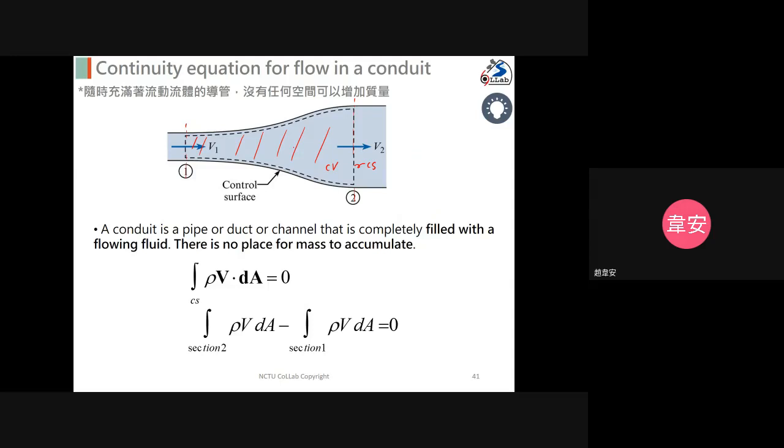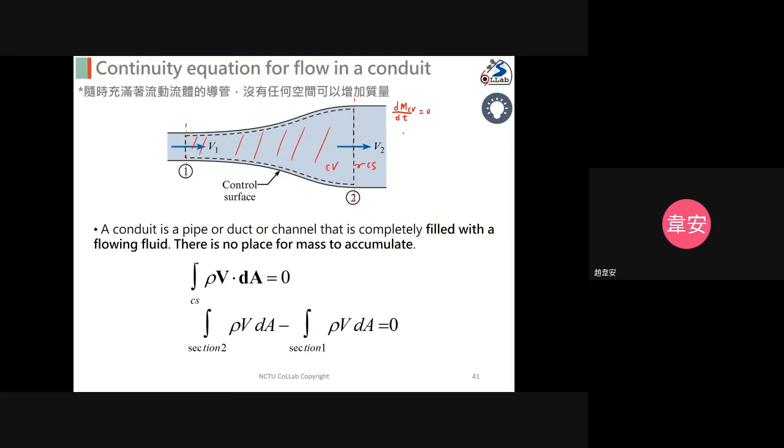The idea for this question is that in the conduit, the mass in the control volume doesn't change with time because the pipe is always filled with the flowing fluid. So the mass inside the control volume doesn't change with time.